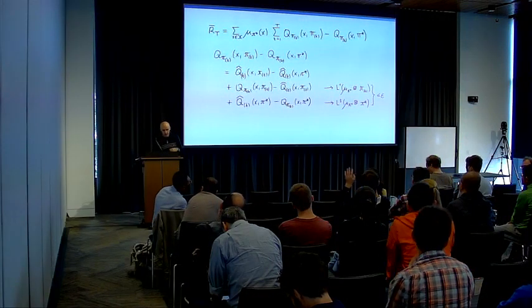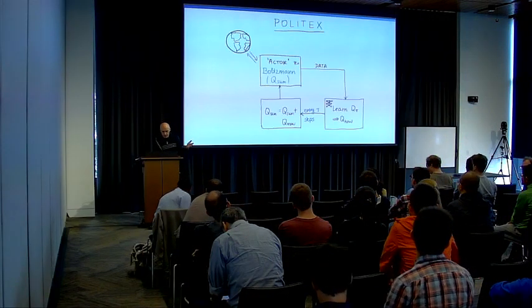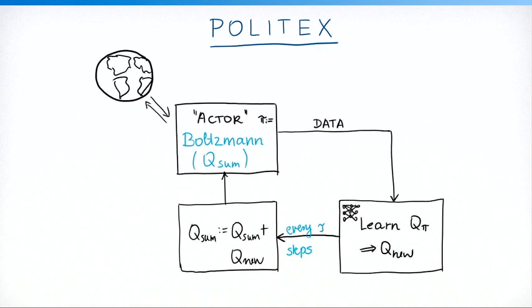All right. So, in summary, how does this work? If you put everything together, you can say that this is an actor-critic method, where you have an actor which plays a Boltzmann distribution with respect to the sum of the previously estimated action value functions. And then you run this in closed loop and collect some data.